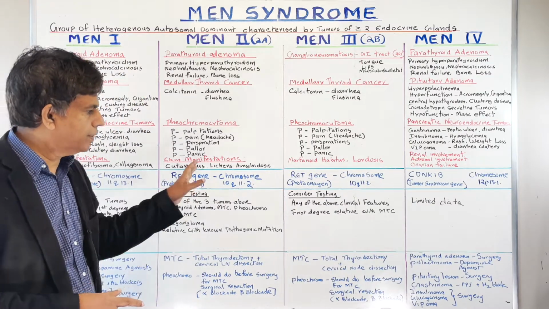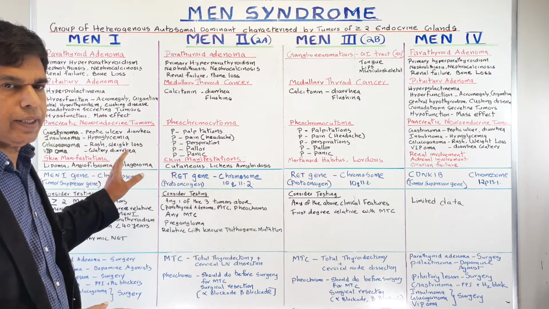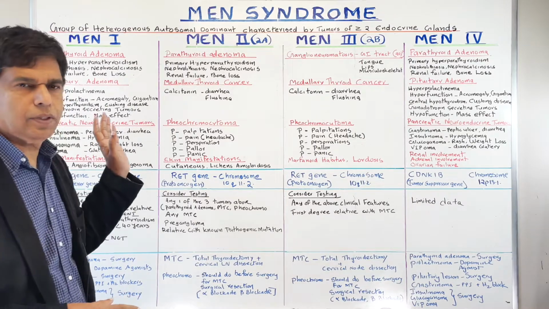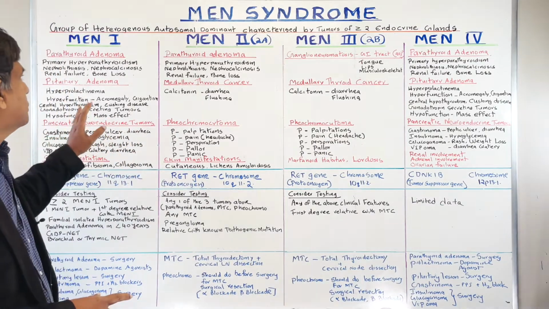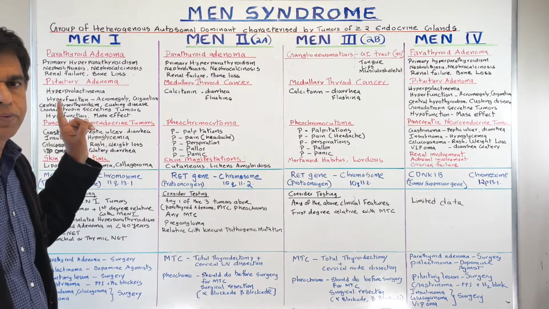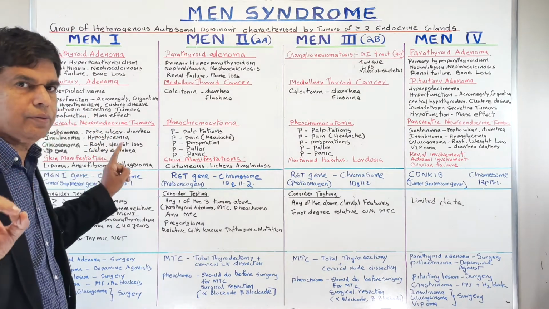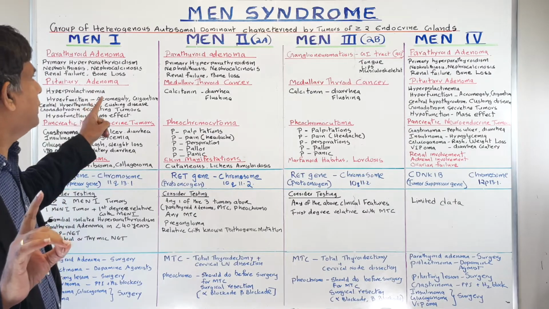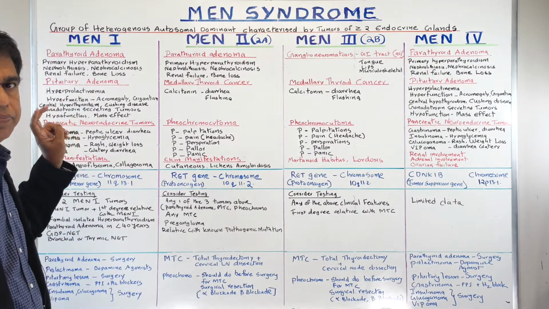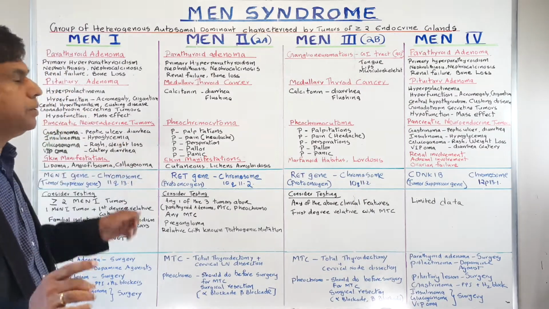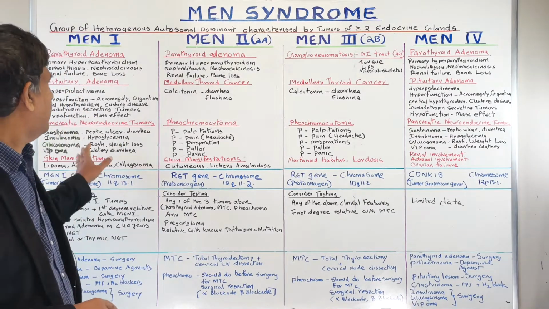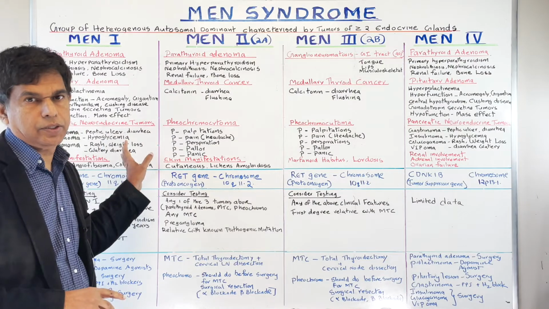So just make sure, before you take any test, it's very, very important, not only for taking tests but also in patient care situations. So I'm just going to summarize one more time, and I'm going to go a little bit faster here. MEN1, you've got 3 things: parathyroid adenoma, pituitary adenoma, and pancreatic neuroendocrine tumors.